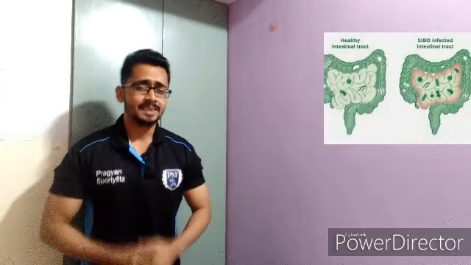SIBO, small intestinal bacterial overgrowth. SIBO is a kind of small bacteria that stays in our small intestine.